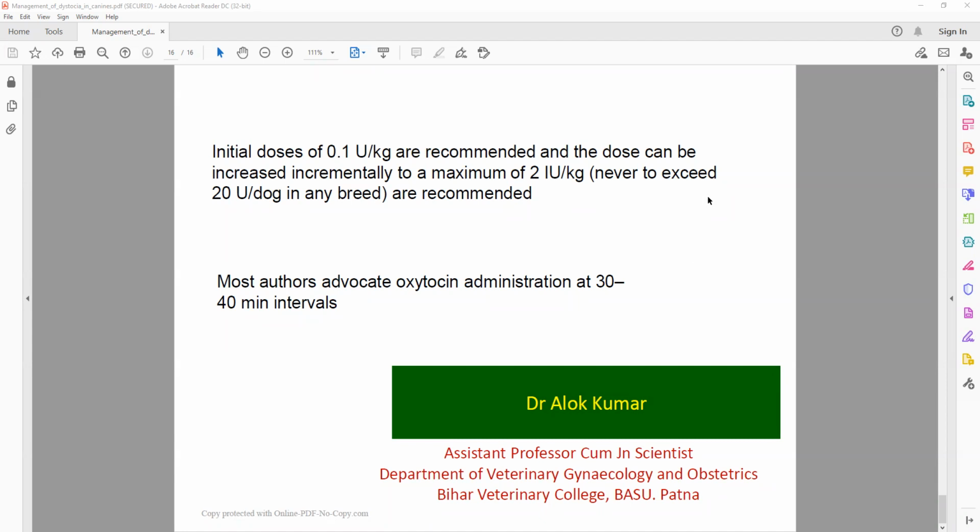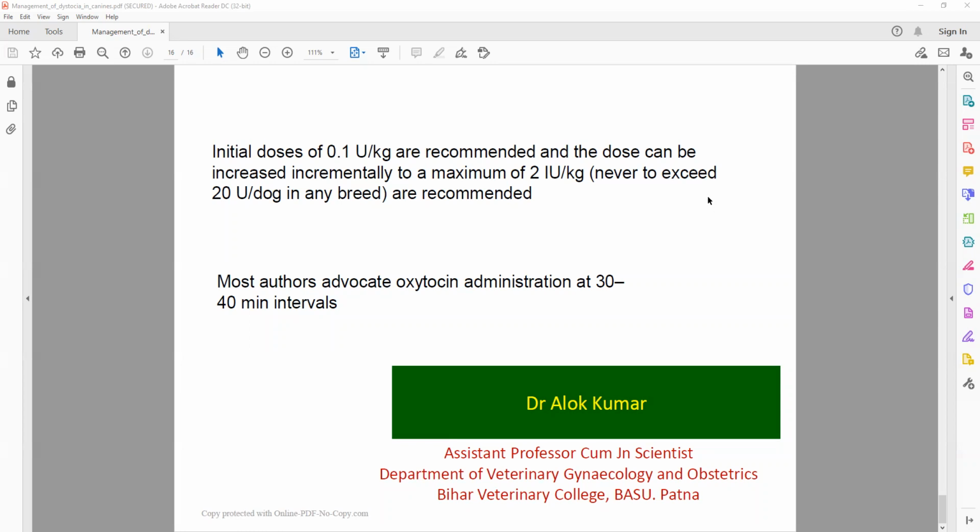Okay, so this oxytocin and calcium gluconate therapy is intended for uterine inertia treatment. Because in the case of dog you will see the major cause of canine dystocia is maternal. Within maternal it is uterine inertia, let it be primary or secondary, but collectively the major cause of canine dystocia is uterine inertia only.